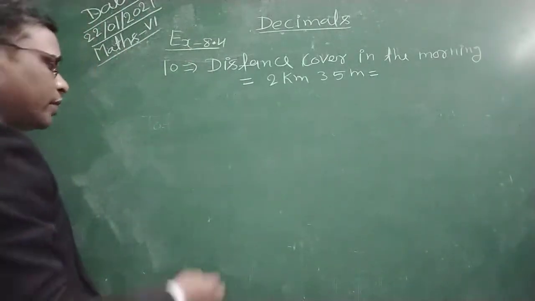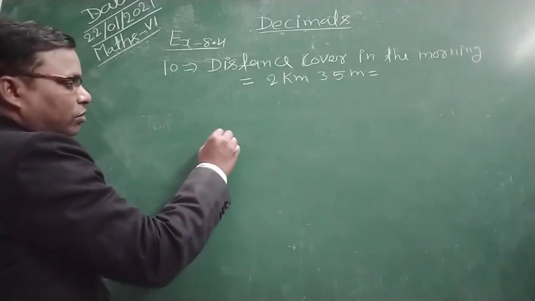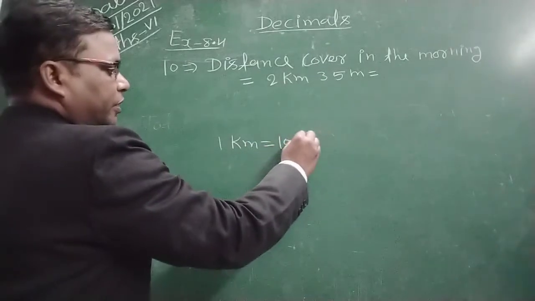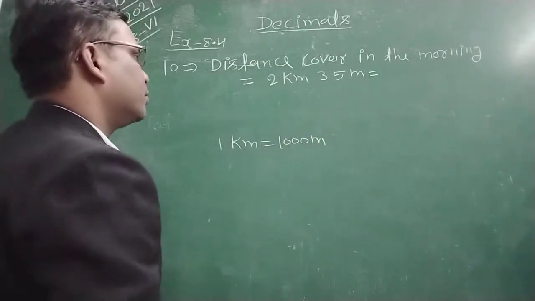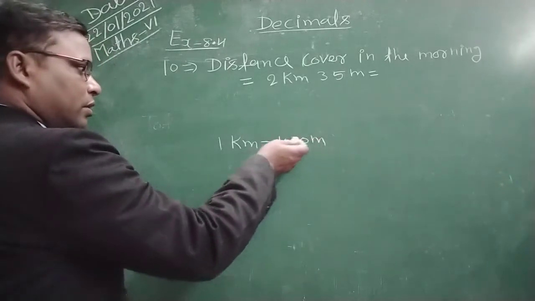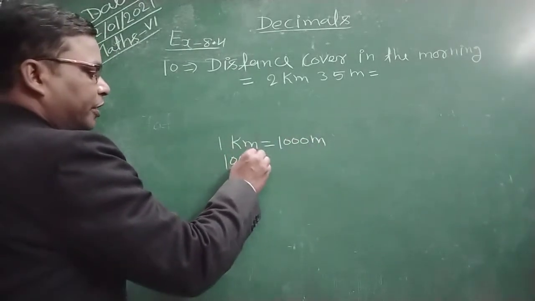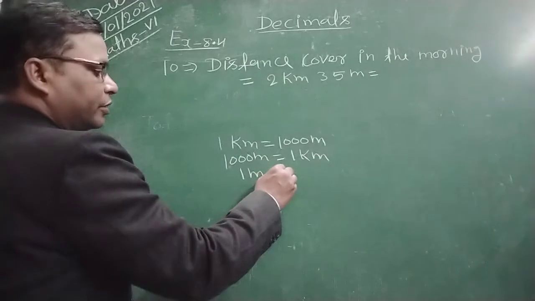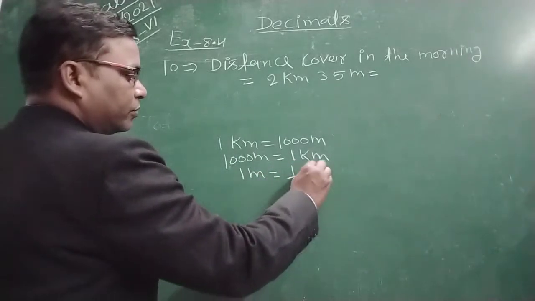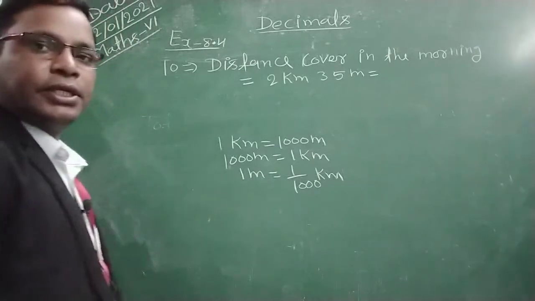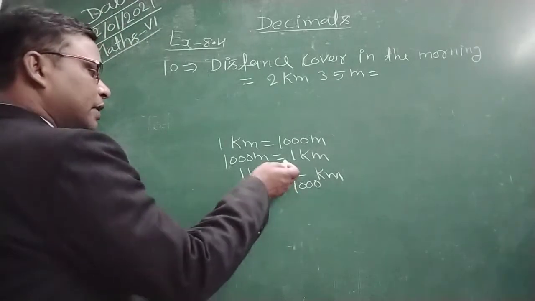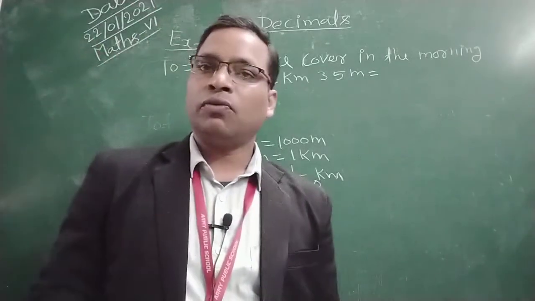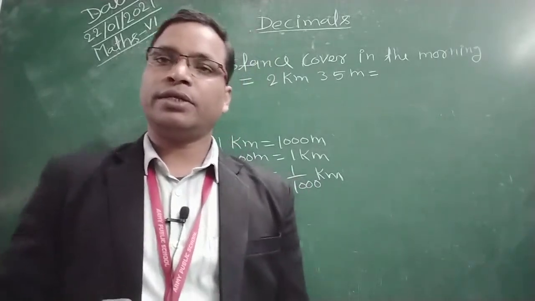Clear now? So as you know, 1 kilometer is equal to how many meter? 1000 meter. This is clear. Or you can write 1000 meter is equal to 1 kilometer, or 1 meter is equal to 1 by 1000 kilometer. Now if you convert it in decimal, 1 divided by 1000, then you get 0.001.